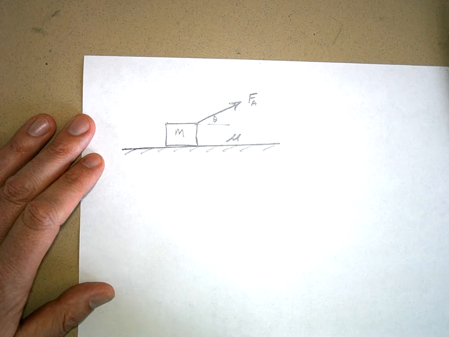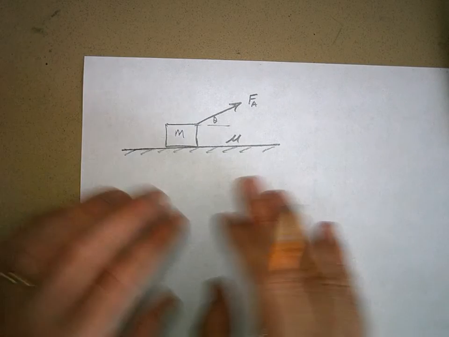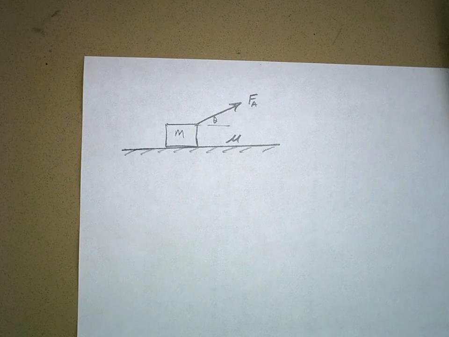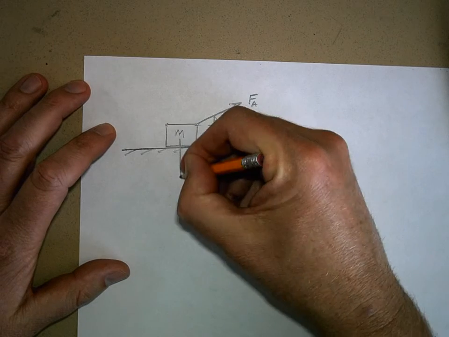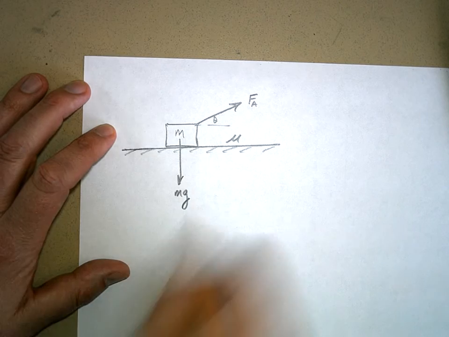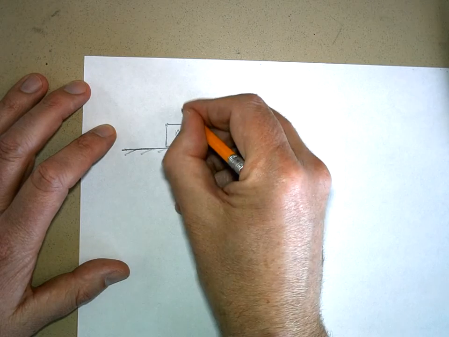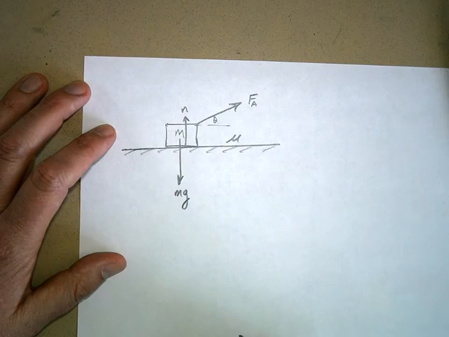And because I'm running out of time, I'm just going to draw the free body diagram on the plane. This is not a very good thing to do, but oh well. So here's the weight of the object. I'm going to call that mg. Here's the normal force. Ooh, notice that I drew the normal force smaller than the weight.